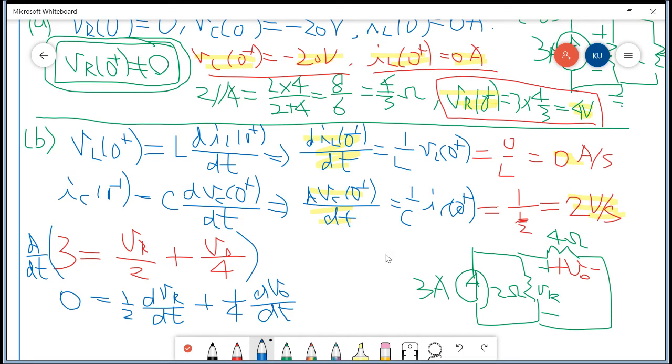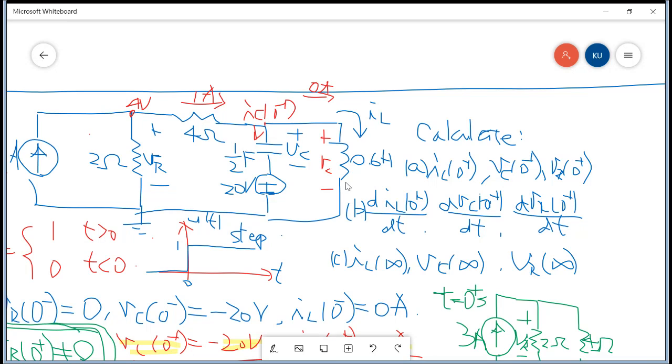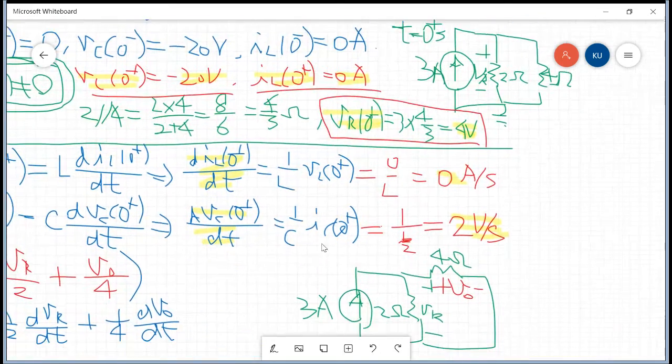Of course, we can also find that for this loop, we have an equation.